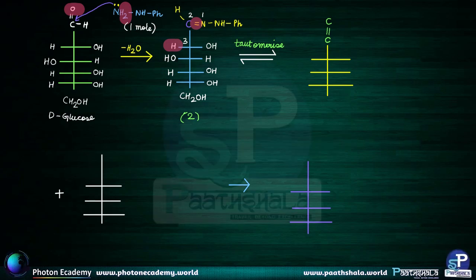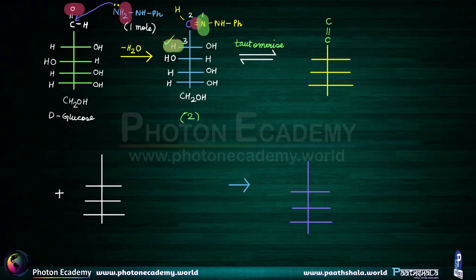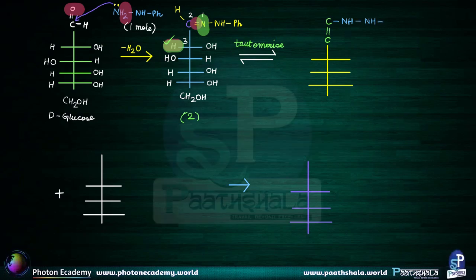This hydrogen, which was originally on the carbon we marked third, now moves to this position. This particular hydrogen is now accompanying this nitrogen, so we get a nitrogen along with the hydrogen, that is the proton which moved during tautomerization, and now we have NH and Ph.